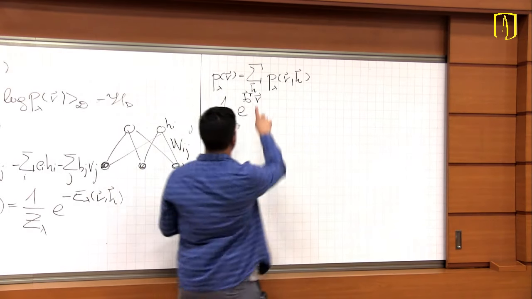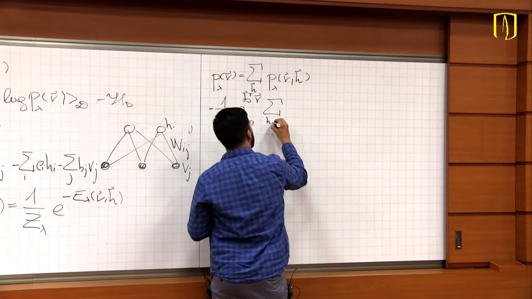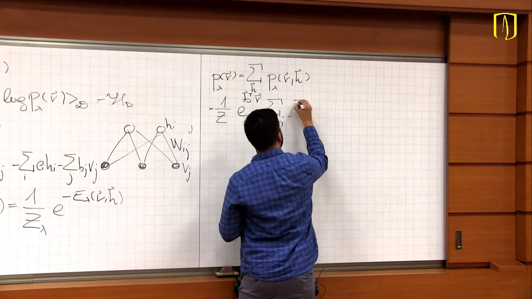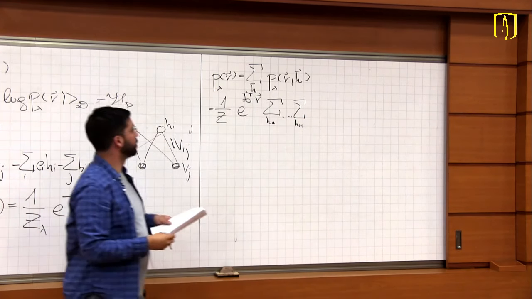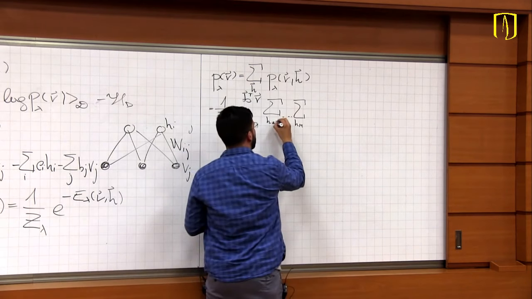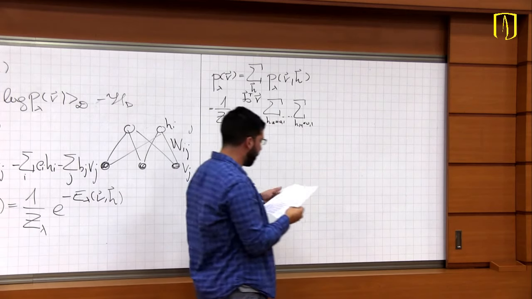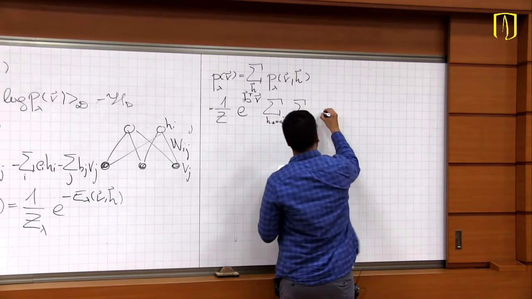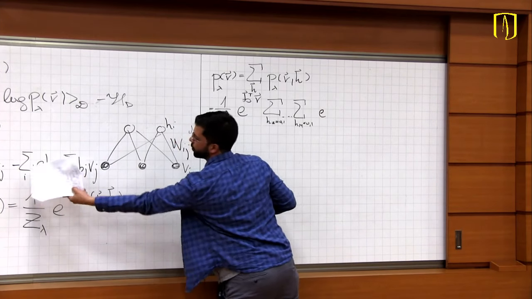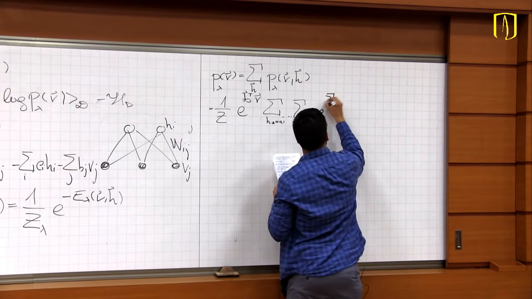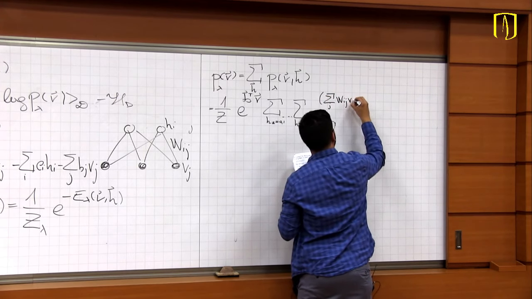And then we have the sum over all possible hidden states. So let's say we have m hidden variables. So this goes 0, 1 for all of them. We are taking the trace. And then we have the energy. So these two terms here, I'm just going to take the H_i as a common factor.